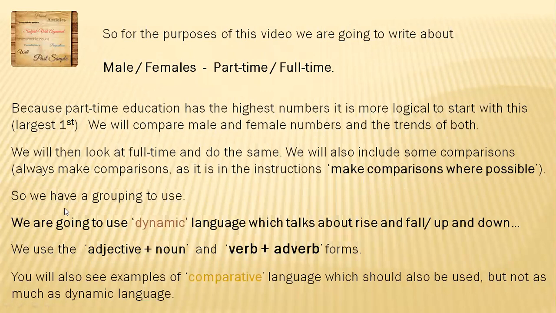So we've got the grouping we're going to use. We're going to use dynamic language, which talks about rise and fall, up and down, same thing, and primarily uses adjective, noun, verb, adverb forms for your changes. We will also see examples of comparative language, comparing things.